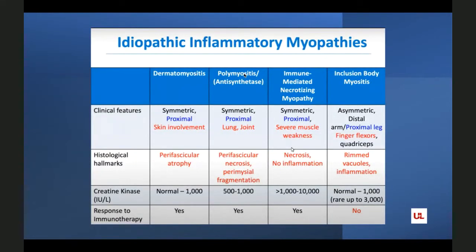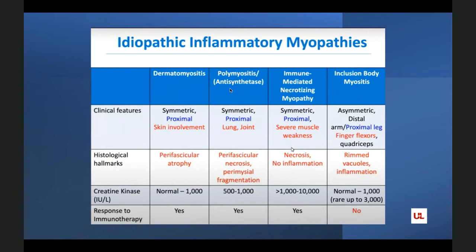So this is the overview about the antibody and different subtypes. I'm just going to talk a little bit and just highlight the major stuff. For the first three, dermatomyositis, polymyositis or antisynthetase, and immune-mediated myopathy, they all have symmetric and proximal muscle weakness. In dermatomyositis, there is a lot more skin involvement.